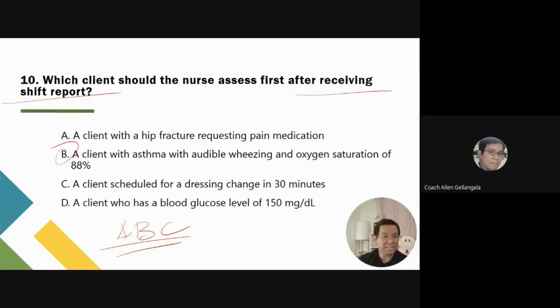Anyone who has a blood glucose level of 150 milligram per dL, receiving shift report, more likely in the afternoon or in the morning. They might have just finished eating, or they might have just finished their coffee, which they have spilled like 5 Splenda or 5 packets of sugar there. Is hyperglycemia a possibility? Yes. Is it a concern? 150?